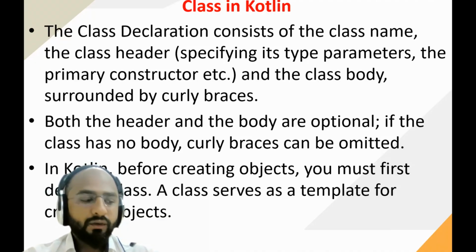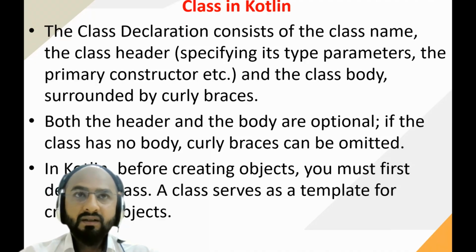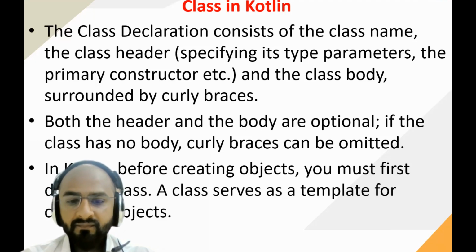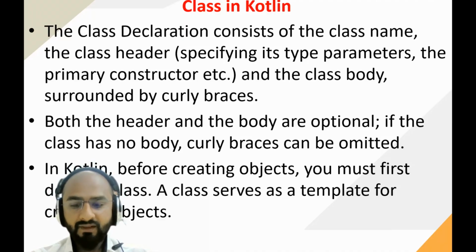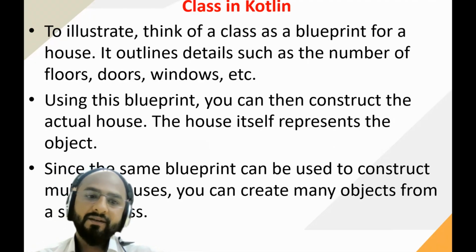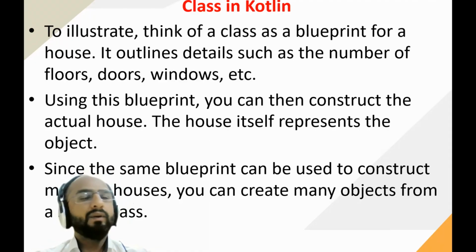So keep this point in your mind: we can say a class is a virtual entity whereas the object is the physical entity. To illustrate, think of a class as a blueprint of a house. It outlines details such as the number of floors, doors, windows, etc. So a class is a blueprint of the particular object.